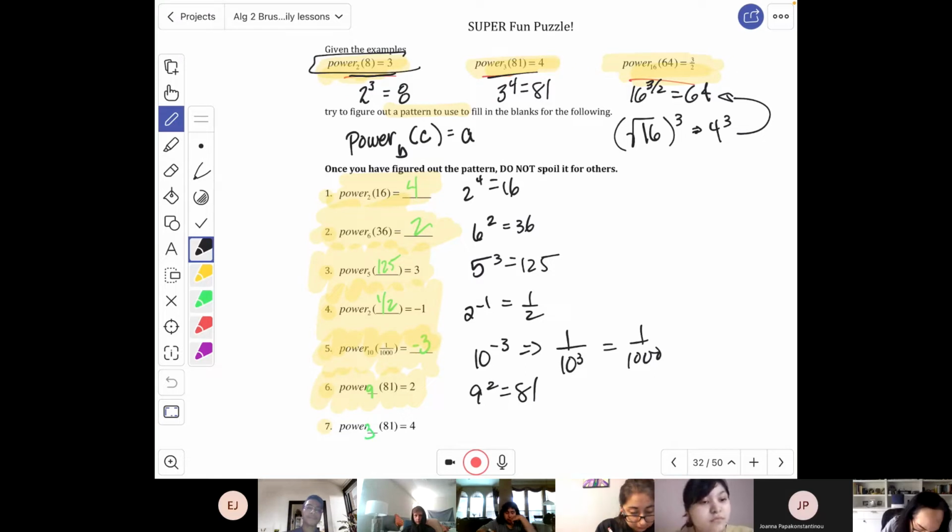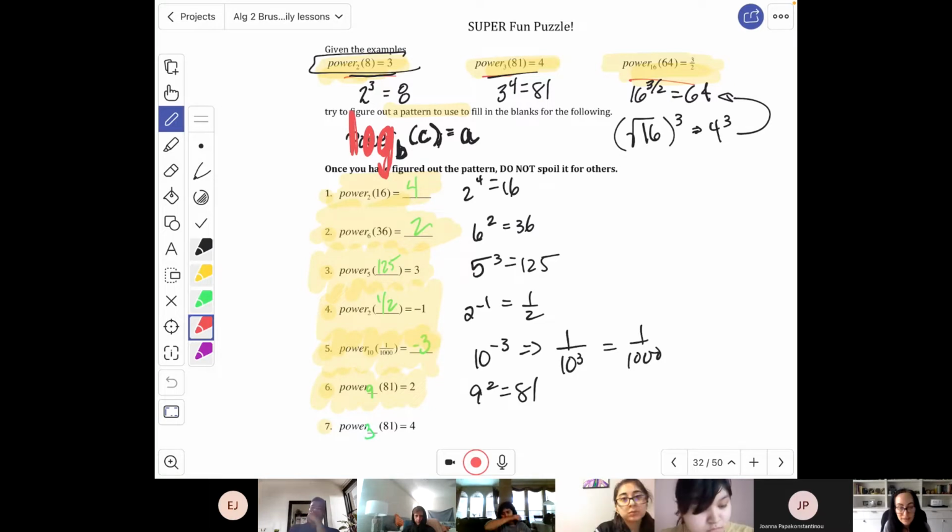This little notation here, power, with this little subscript, which is a base. This is your argument, your input. This is your output, your answer. This is the same exact notation as that. So this, instead of the word power, that is a log. That's it. That's where it comes from.